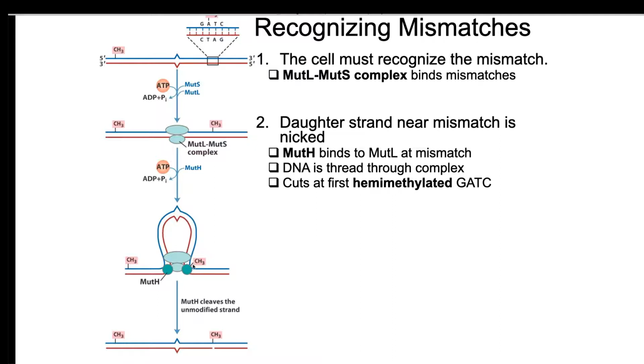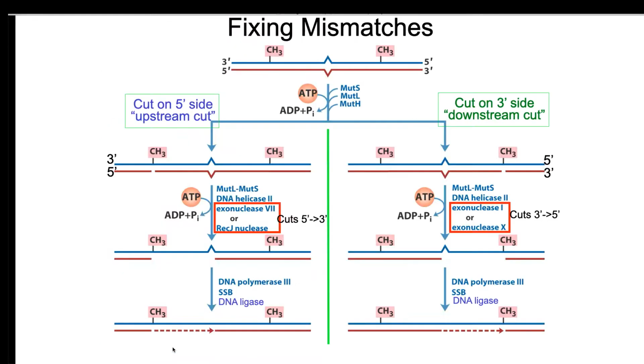It recognizes that hemimethylated site. It knows, okay, the A is methylated here, it's not methylated here, and it cuts on the non-methylated part. So now we have a nick in the newly replicated DNA that is fairly close to the mismatch. So the next step is to eat back this DNA until we remove this all the way up to this mismatched base.